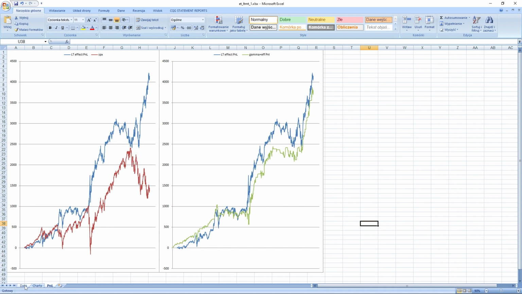The data that you need are widely available on the internet for free, so you don't have to have any data feed. You can use Yahoo Finance, you can use the Thinkorswim platform, even a paper trading account.